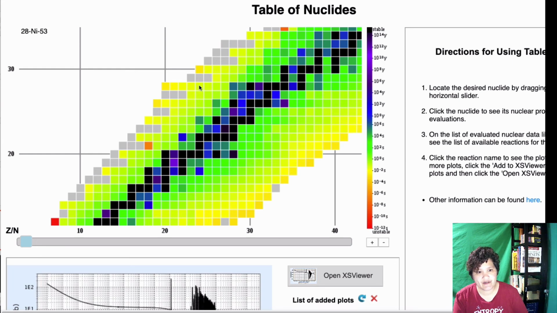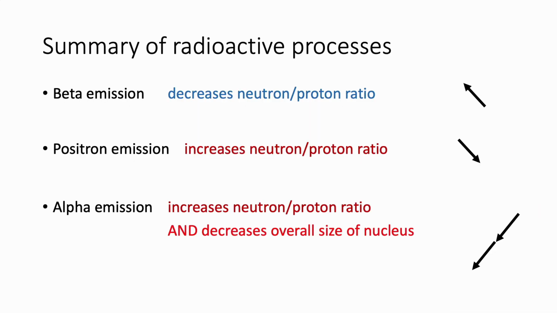Now let's talk about the stuff that is up on top of the band of stability, and that's going to want to go downwards. Now we saw two downward trends in our summary. One goes down and to the right, and the other goes down and to the left.